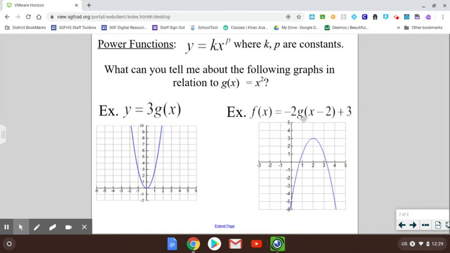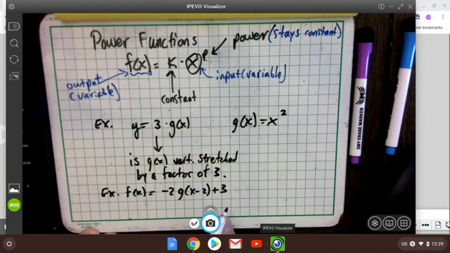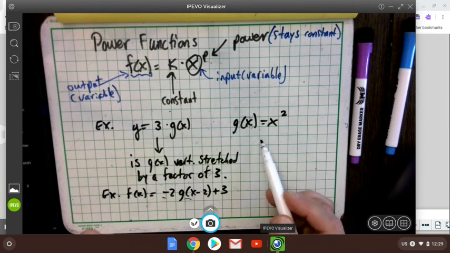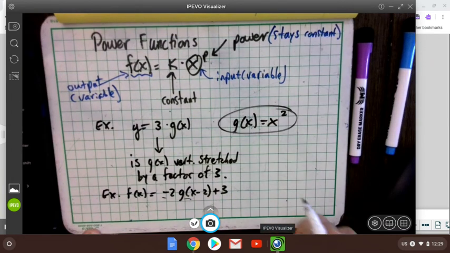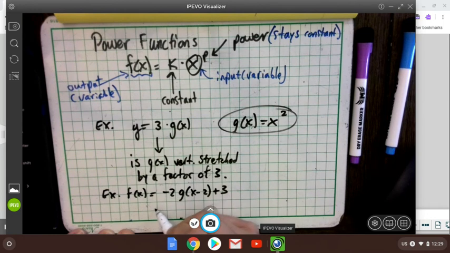The other example is this guy, f of x, and that's going to be negative 2g of x minus 2 plus 3. We're going to go back and figure out how f of x relates to this guy right here. This is our parent, our original function, our OG, if you will. So this guy is reflected over the x-axis.